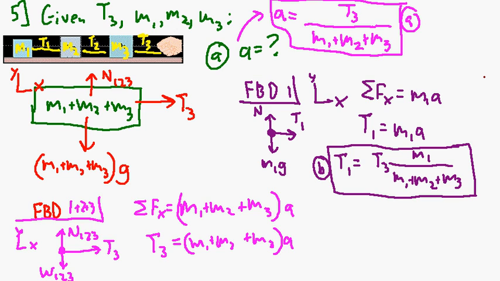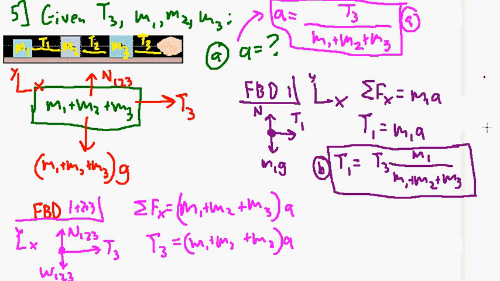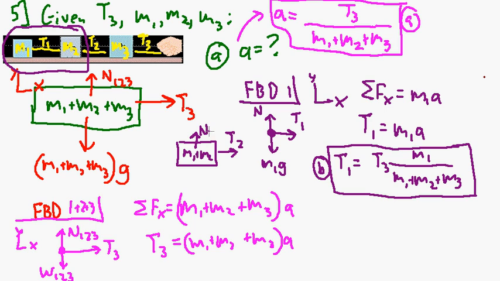Part C is to calculate tension T2. Again, basically the same drawing, except now you can just take M1 plus M2 and say those are being pulled to the right by T2. So now we're just taking these two, drawing a box around them. You've got T2. You're going to have normal force on 1 and 2, and the weight of 1 and 2. I'm not going to write mg because we discovered in these frictionless problems we don't need it.